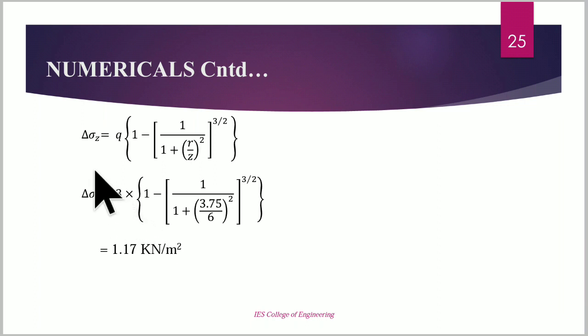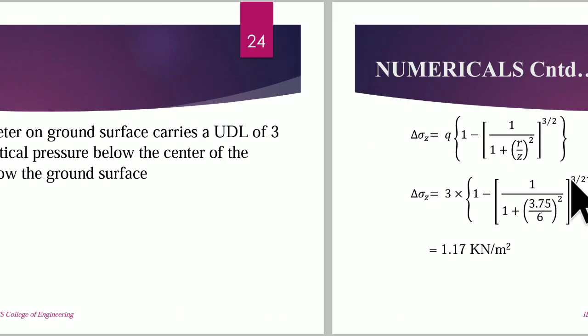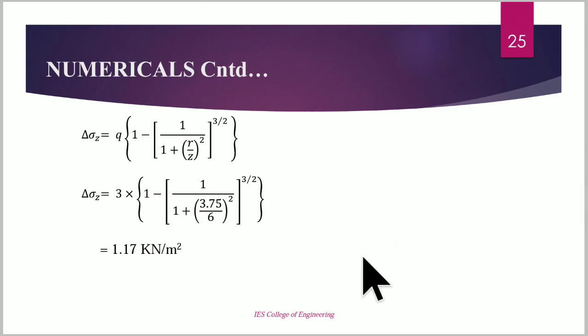By simply applying the corresponding values to the equation of the stress due to uniformly loaded circular area, the value of delta sigma z becomes 3 into 1 minus 1 by 1 plus 3.75 by 6 the whole square, the whole raised to 3 by 2, which is equal to 1.17 kilonewton per meter square. Thereby we got the value of intensity of vertical pressure below the center of loaded area, which is equal to 1.17 kilonewton per meter square.